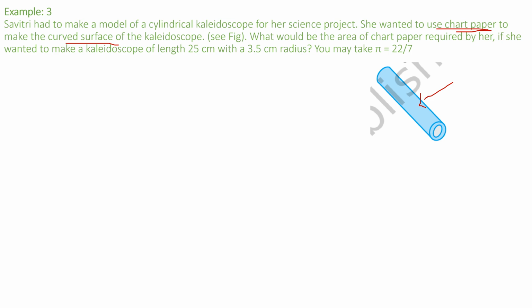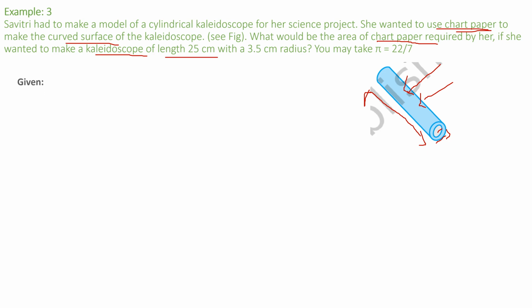What would be the area of the chart paper she is going to use? Remember, she wants to make a kaleidoscope of length 25 centimeter, this length, or we call it height also, because when it is standing. The radius, from center to the edge, is 3.5 centimeter. You may take pi equal to 22/7.